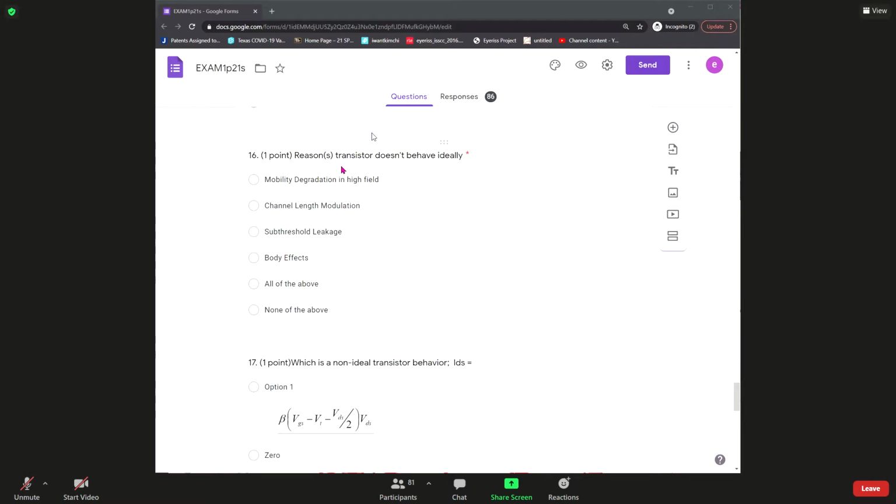Come on. Transistor doesn't behave ideally. Or this double negative thing is coming into play because of one of these things. It says mobility degradation in high field, channel length modulation. That is a non-ideal thing.